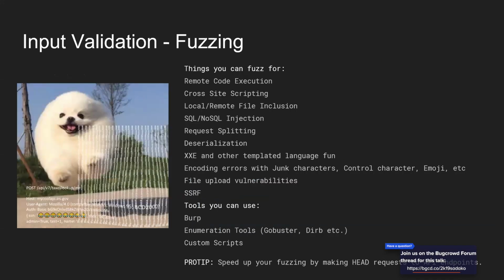So common ways to test: fuzzing. There's a lot on here. There are things you can fuzz for, which are things you normally fuzz for in any sort of application, which is remote code execution, cross-site scripting, local and remote file inclusion, SQL and NoSQL injection, request splitting, deserialization, XXE, and anything else with templated languages, and encoding errors, which is another favorite of mine, with junk characters, control characters, emojis, and Unicode points that don't have any data associated with them, which is another thing that applications sometimes forget to include processing for.